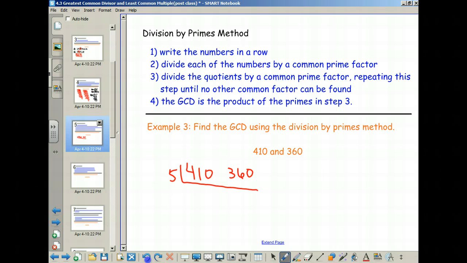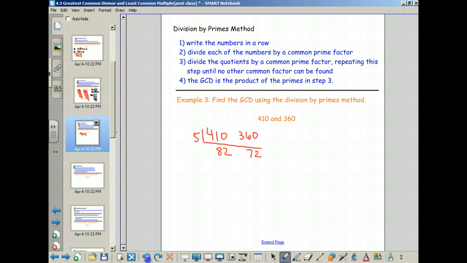What is 410 divided by 5? And 360 divided by 5? 72. 72? Yes. I'm taking y'all's word for it. I didn't divide by 5 first. Then we can divide by 2, right? Yes. All right, so what's 82 divided by 2? 41. And 72 divided by 2? 36.